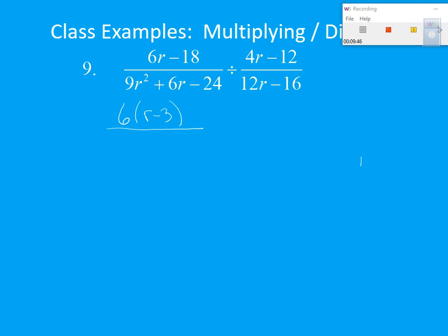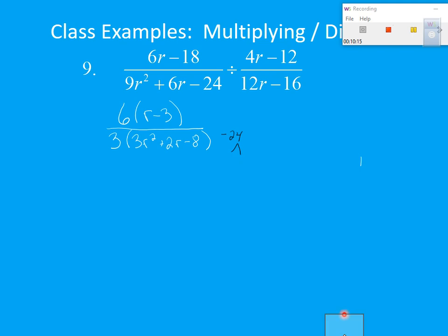over. Now, this part's going to work us a little bit. They have a 3 in common, which leaves a 3r squared plus 2r minus 8. Now I need to factor that. So this is that frowny face factoring shortcut we have. 3 times -8 is -24.